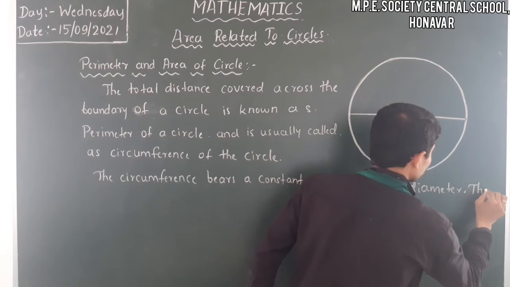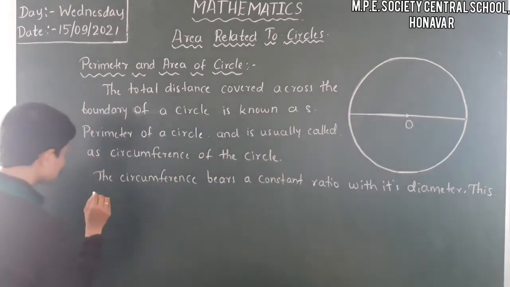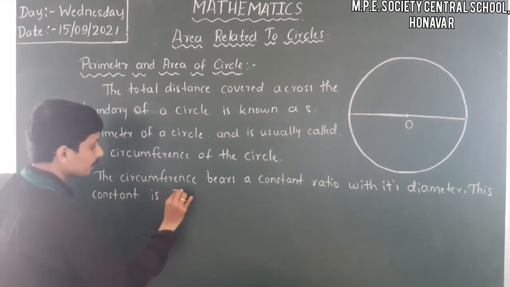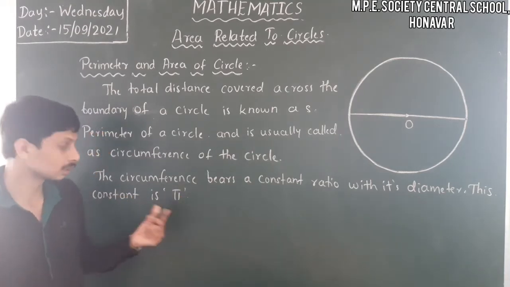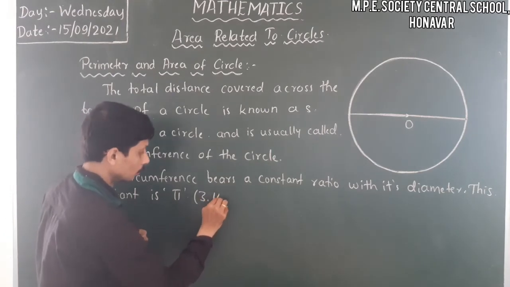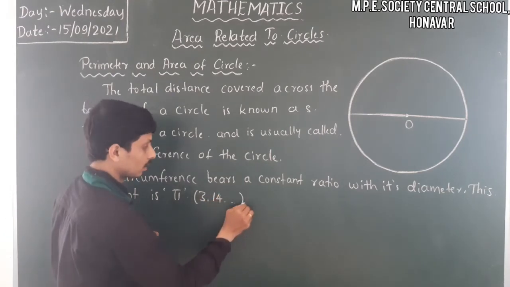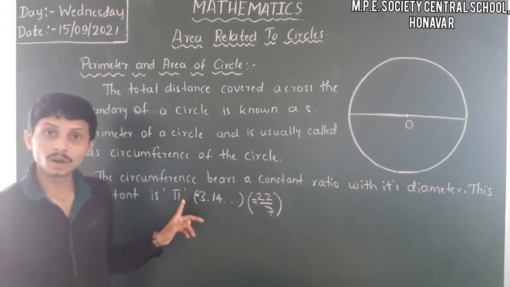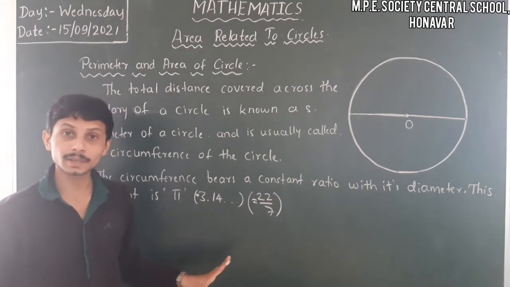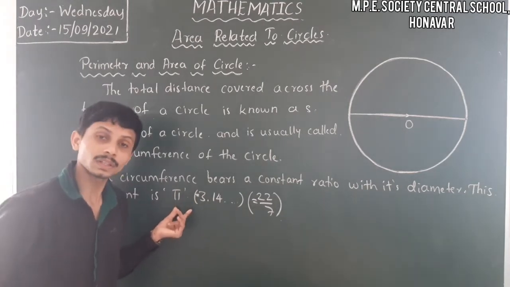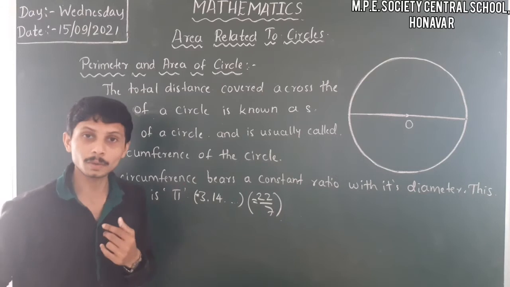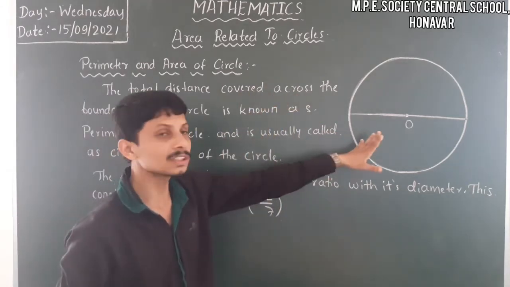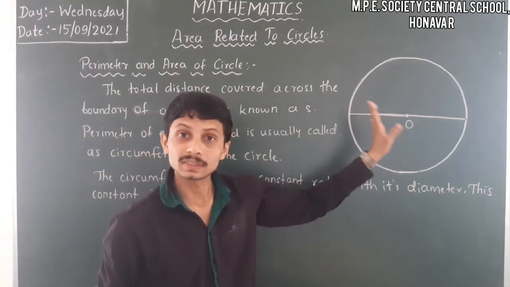This constant is pi. Already we have substituted this value many times as 3.14 and 22 by 7. But the reason we have the value of pi is this constant ratio of circumference with its diameter.